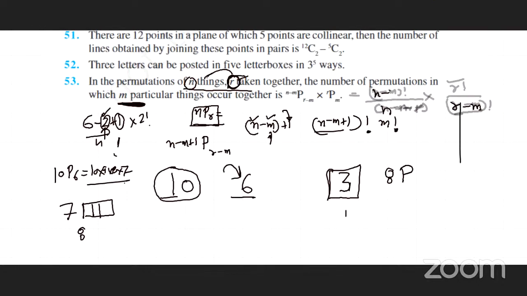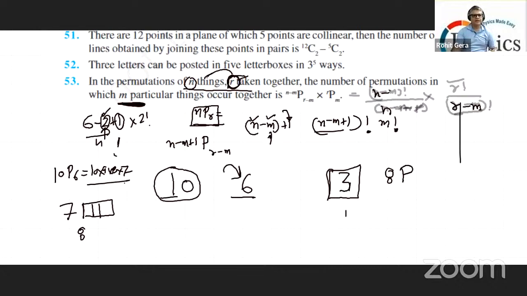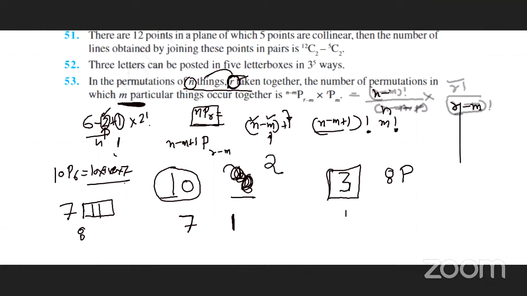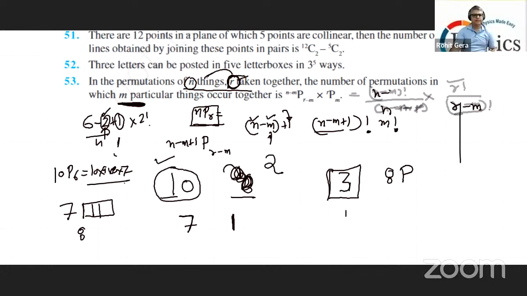So you have one bundle of 7 and the other bundle of 3. Say 10 things have to be taken 4 at a time, but 3 have to be together.